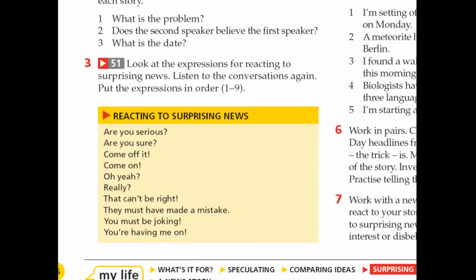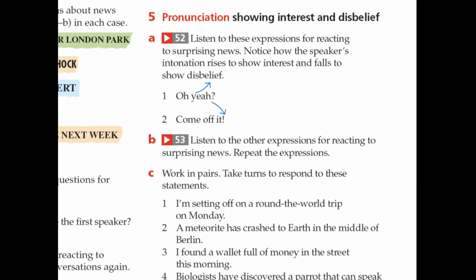In this case, expressions and set phrases for expressing surprise. The pronunciation focus is then linked to the target language. So here we can see it is dealing with intonation for sounding surprised, along with associated practice activities.